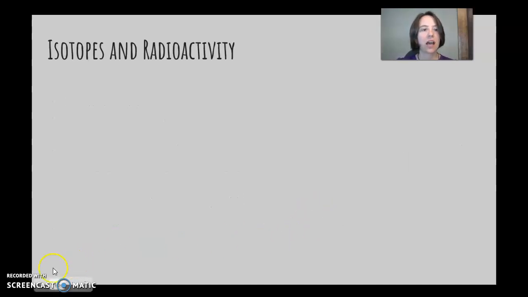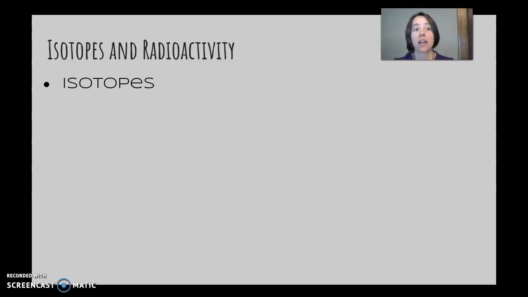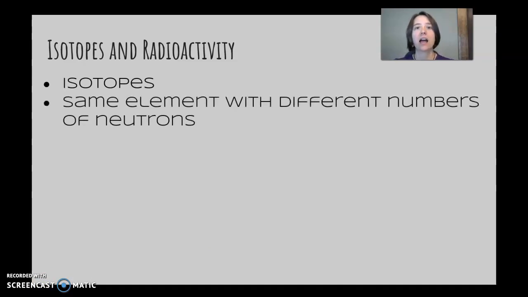So let's take a look at isotopes and radioactivity. So isotopes, perhaps you remember this word from 9th grade science. They are the same element, but they have different numbers of neutrons. So same number of protons, same element, but different numbers of neutrons, so they have different masses, different weights.